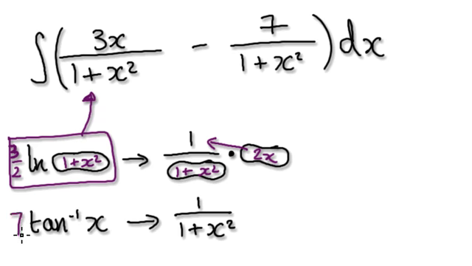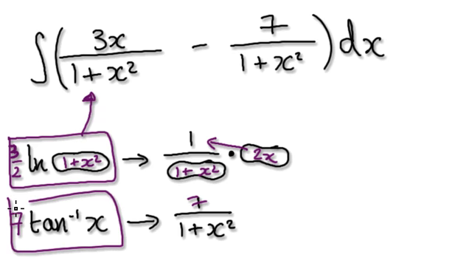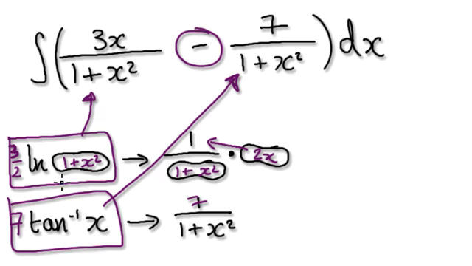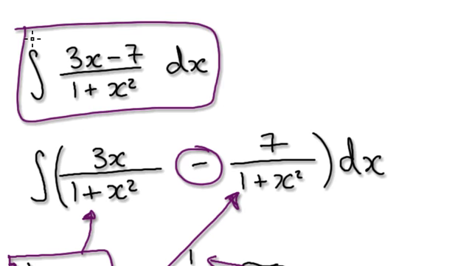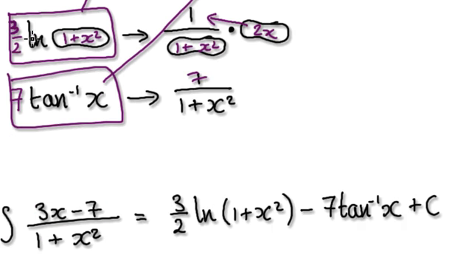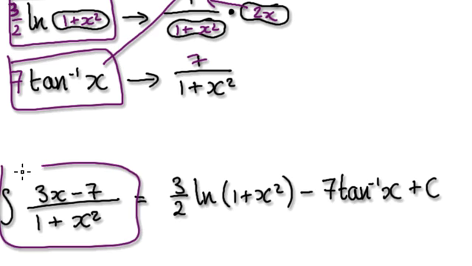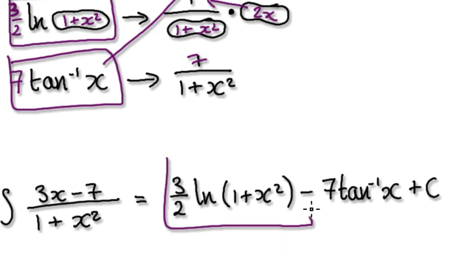If we stick a 7 in front of it, then when you differentiate this, it will give you this. Now this would give us this thing here. Remember the negative. So overall, evaluating this whole thing, it will give you this.